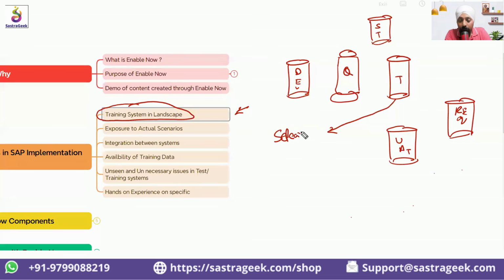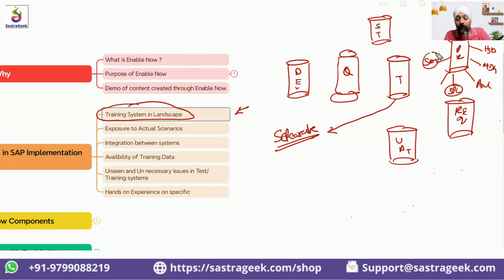Now, the problem is, if we talk about our scenario, a production system is connected with at least 15 different applications. It's connected with the CPQ tool, CRM tool, Hybris, MDG, Agile, a few third-party tools, and the SRM tools.